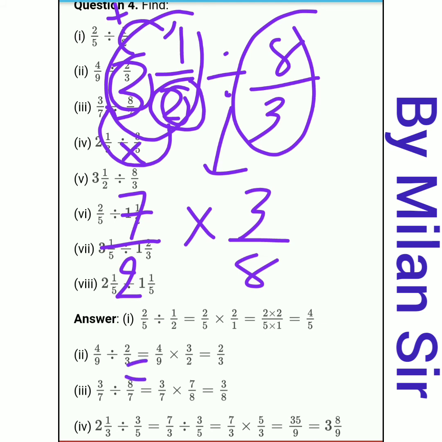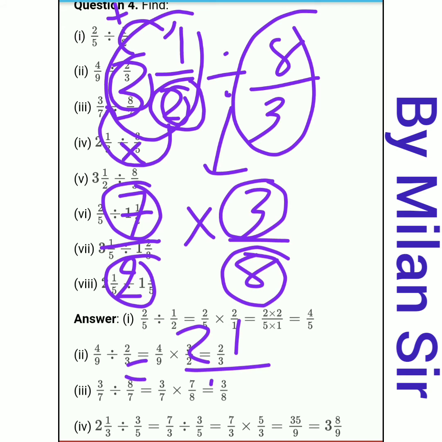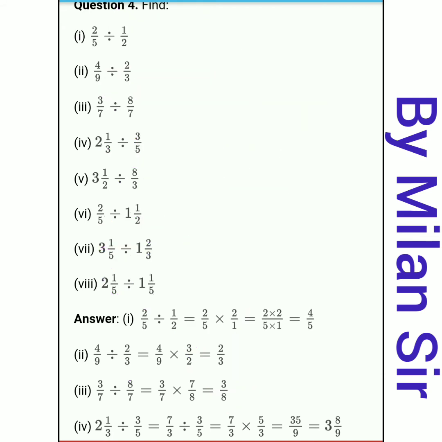Now we need to use the multiplication, right? In the numerator 7 3s are 21, and in the denominator 8 2s are 16. So 21 divided by 16.